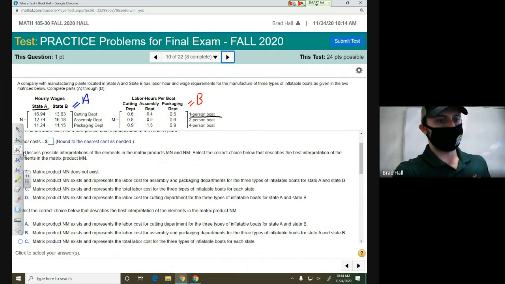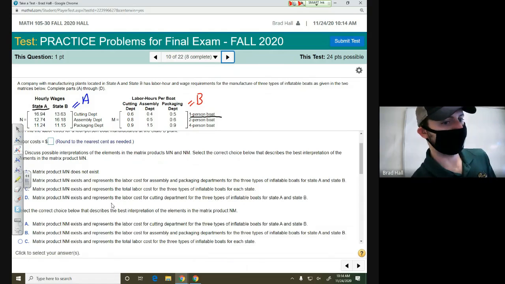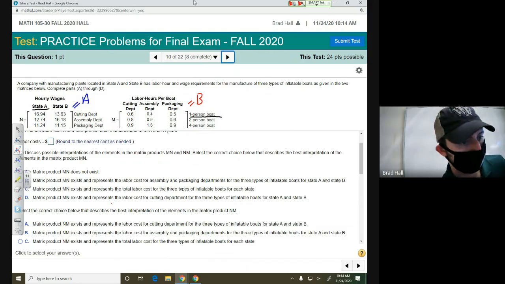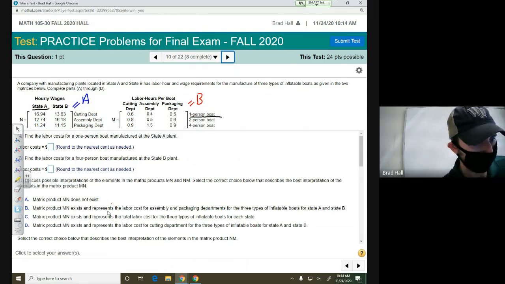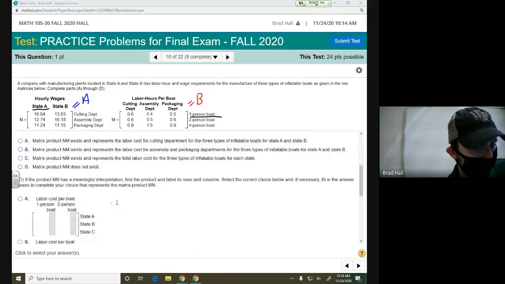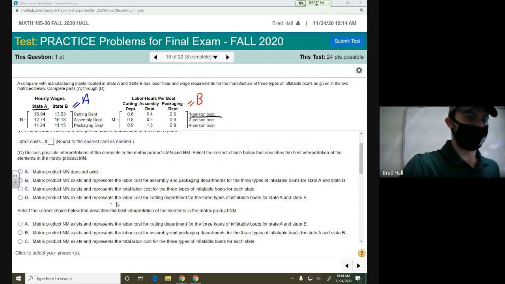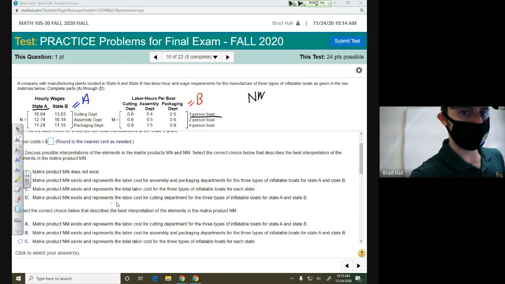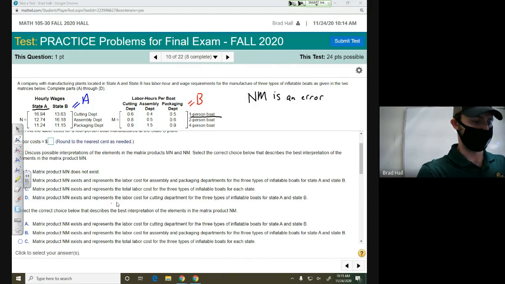Okay, so I'm going to multiply A and B together in my calculator. And I get an error. So in other words, when I multiply A and B together, there's an error. So what if I switch up the order? If I put B first and then A in my calculator?